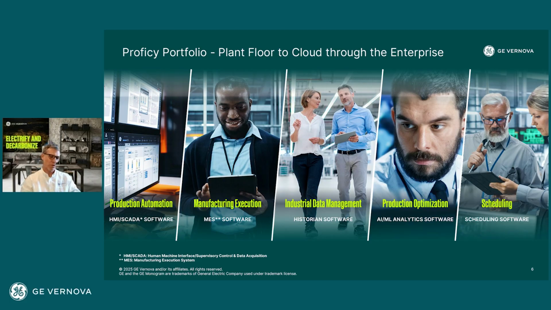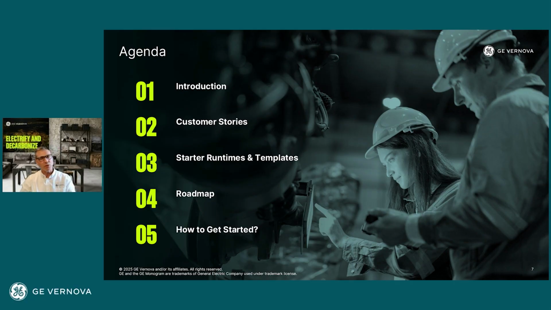So with that, we will be talking about Proficy CSense today, giving you an update, covering these 5 topics. A brief introduction: what is Proficy CSense? Why does it matter? We will also look at some recent customer stories, so you can see and hear some examples of how other customers are improving their manufacturing performance and the performance of their industrial assets.